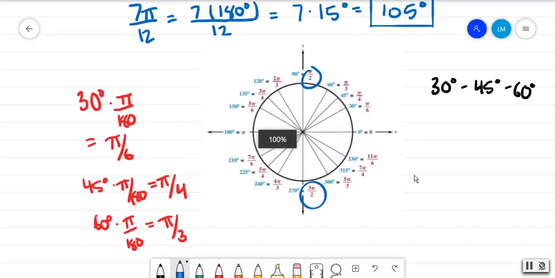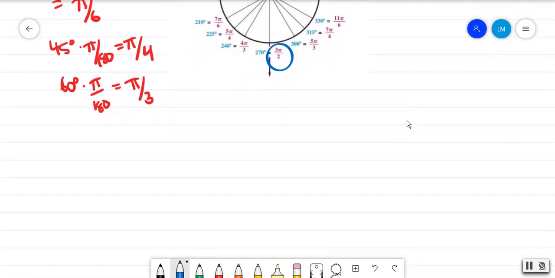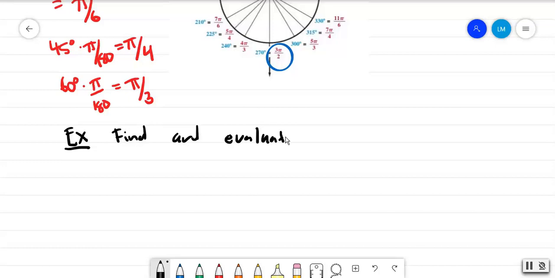Now, eventually your goal is going to be evaluating trigonometric functions. So that's kind of what we'll do in this next part of the video. We'll try to find and evaluate the trig expression.